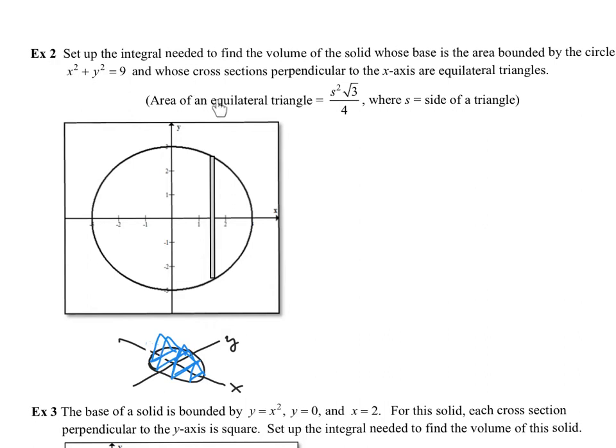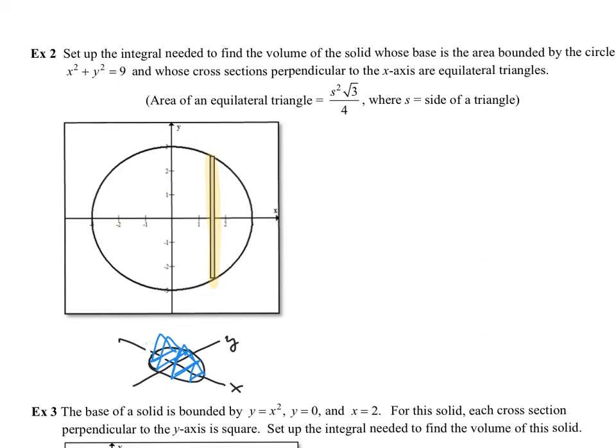Just as a reminder, you might remember this from geometry, that the area of an equilateral triangle is the side of that equilateral triangle squared times the square root of 3 over 4, where S is the side of the triangle. Okay, so let me grab a highlighter and highlight what we're looking at here. That would be the base of an equilateral triangle. It would be one of these bases right here.